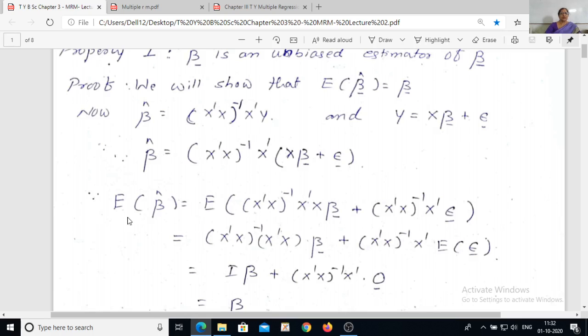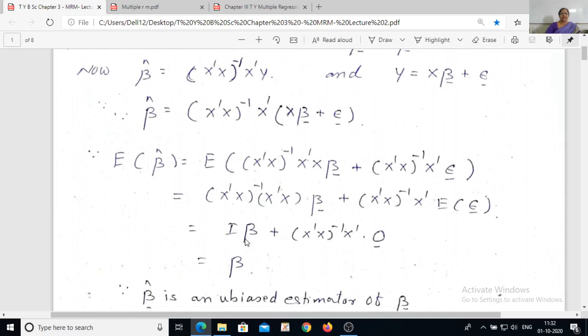Now I need to find the expected value of beta cap. If you look at this, (X prime X) inverse X prime X is I. Therefore I have the expected value of beta plus (X prime X) inverse X prime times the expected value of epsilon, because X is treated as a constant.